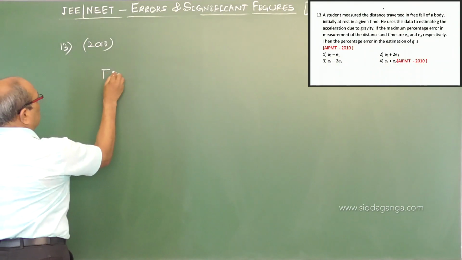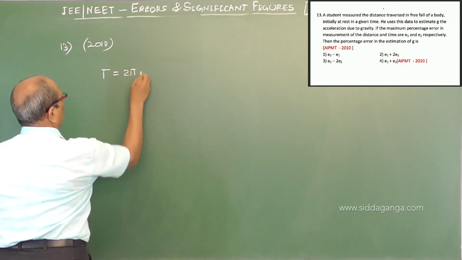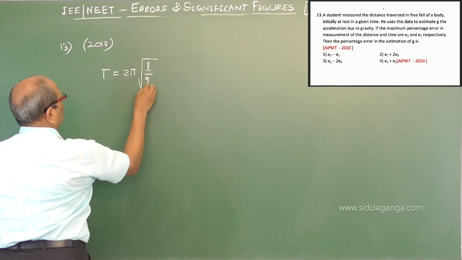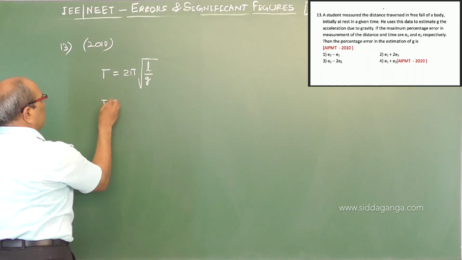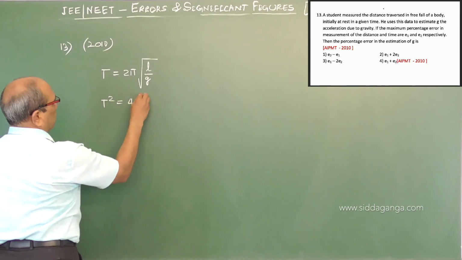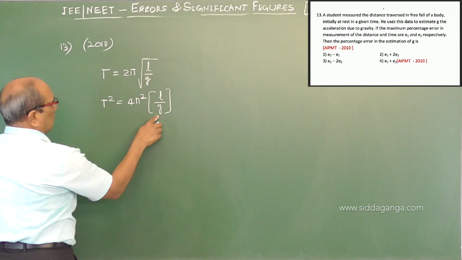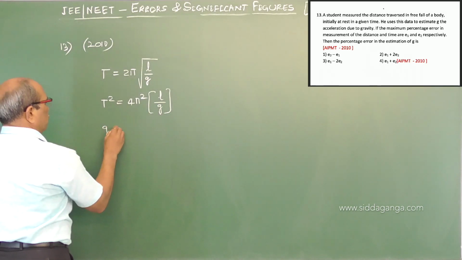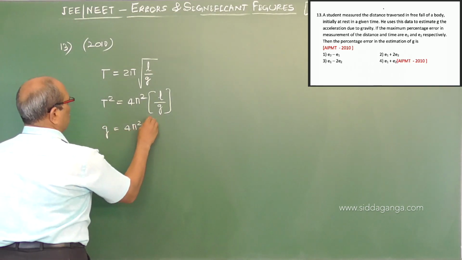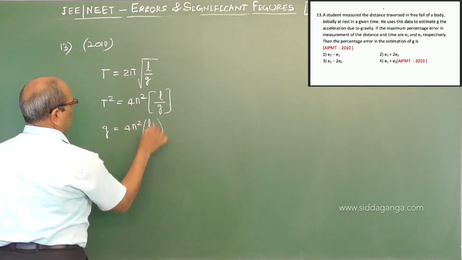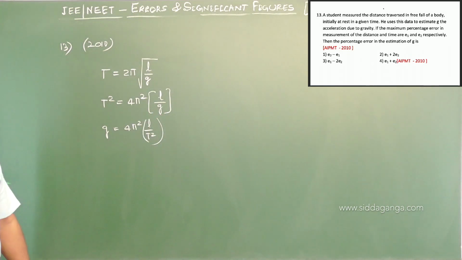The period of oscillation, if you take, is 2 pi into root of L by g, or T square is equal to 4 pi square into L by g. For g, 4 pi square into L by T square is the formula we use to calculate the acceleration due to gravity.